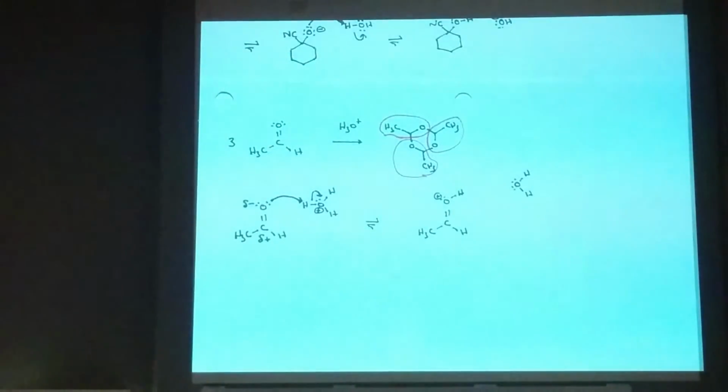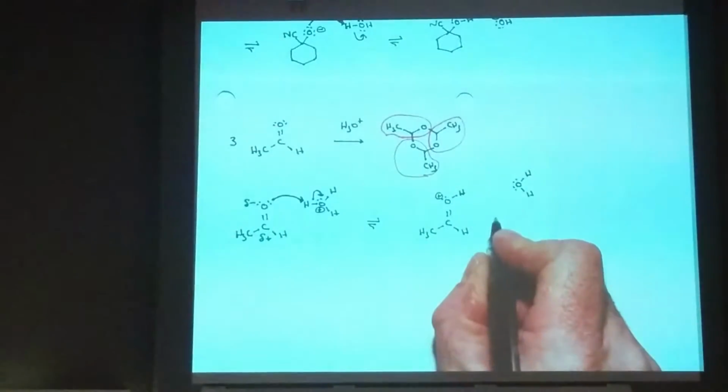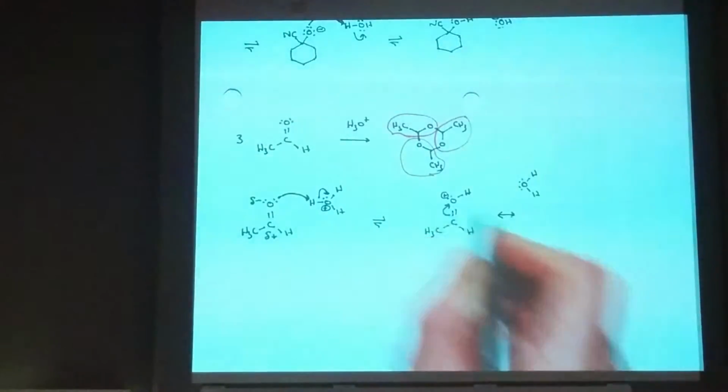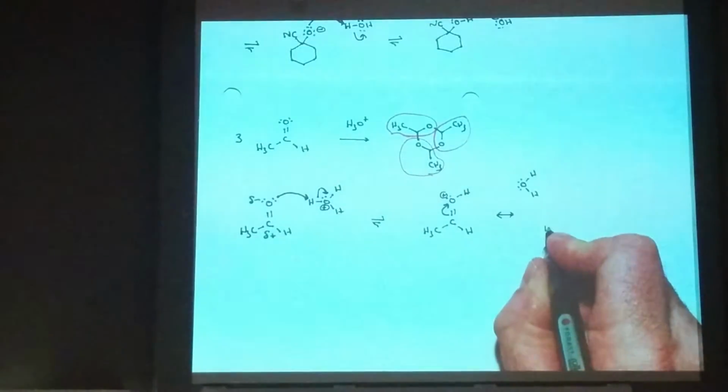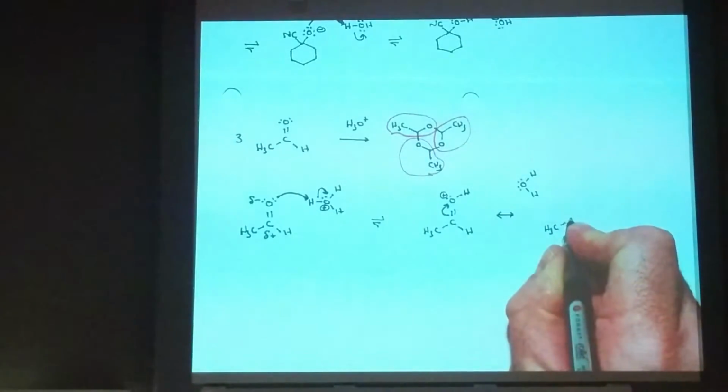But this is a reasonably stable cation because it's a contributing resonance structure to a resonance hybrid. And again, this is going to become even more important in the third part of the course. You've got to recognize resonance, and I try to point out patterns. This is a big one. If you have a positive charge on an atom directly involved in a pi bond, you can always move pi electrons towards that positively charged atom, and that gets you another resonance structure.